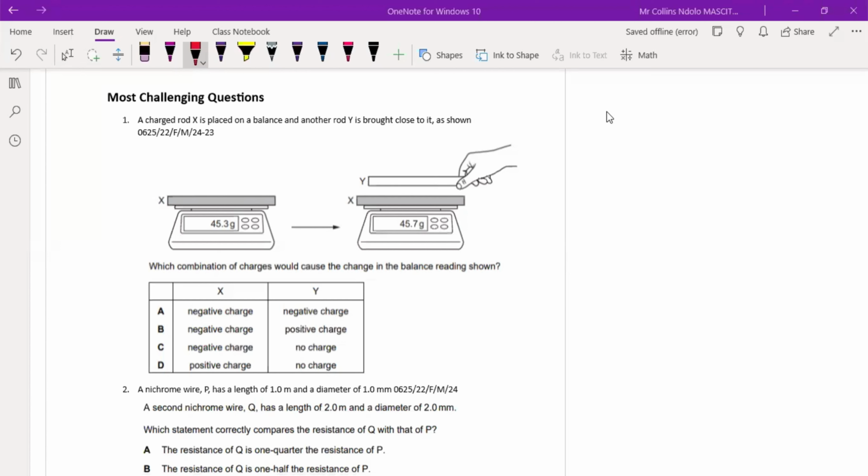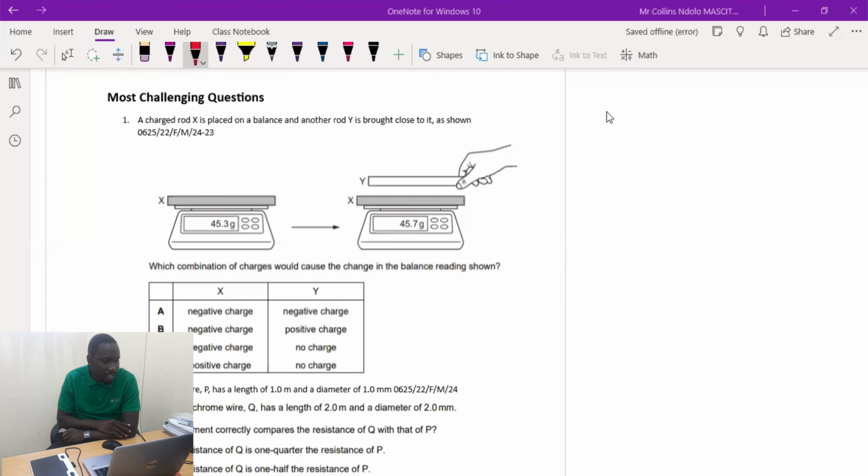Question number one is about a charged rod X placed on a balance, and another rod Y is brought close to it as shown in the figure below. Here you can see that the initial reading of the balance is 45.3 grams.